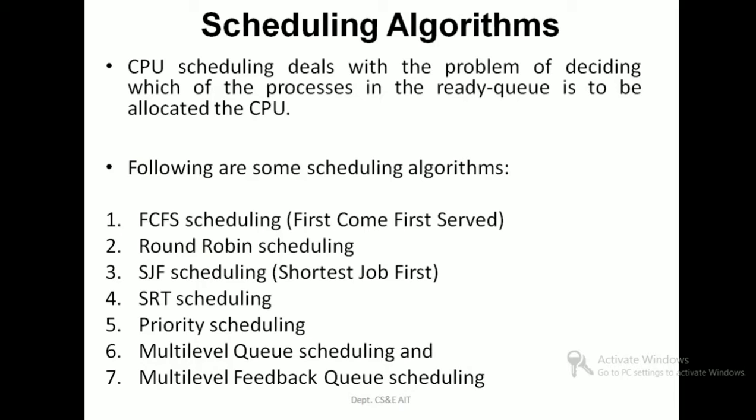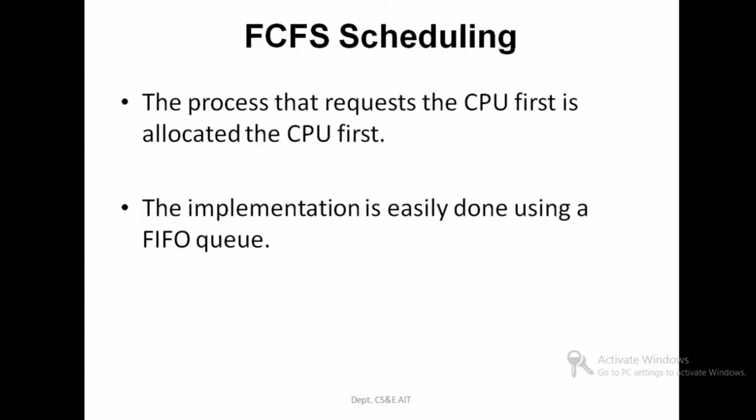For the sake of convenience and for you to understand how the algorithm works, I have taken first come first serve scheduling as well. This is a very basic and easy scheduling algorithm. To show you how the calculations happen, for the sake of explanation and example, I have considered this scheduling algorithm as well.